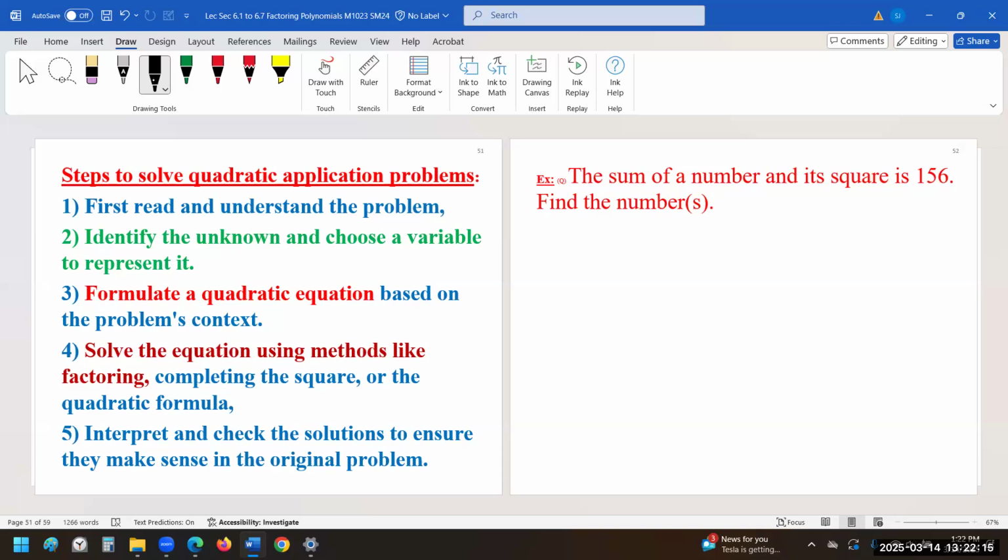It could be one number, it could be 2 numbers. Interesting question, right? You have a number, you add its square to it, and the sum is 156. So what is that number?